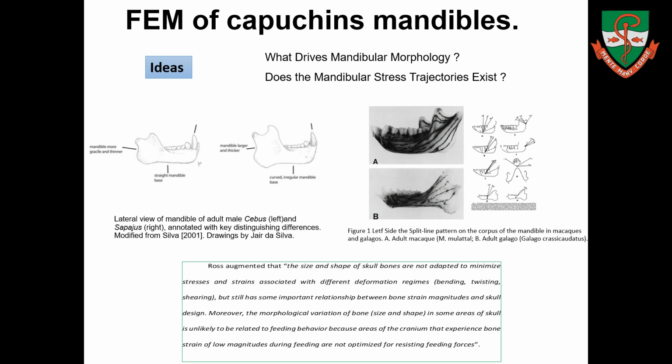And this is another idea that I'm talking about with Professor Callum. Do mandibular stress trajectories exist? We made a paper about that in the skull, about the existence or not of the pillars, and we would like to do the same in the mandible, because we have the same concept in the mandible.